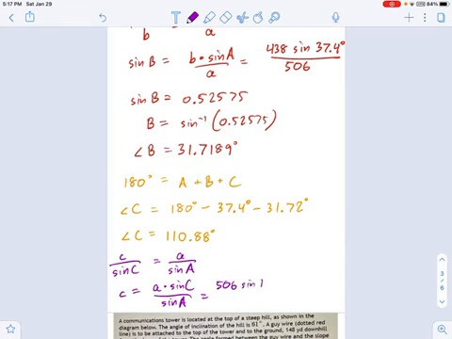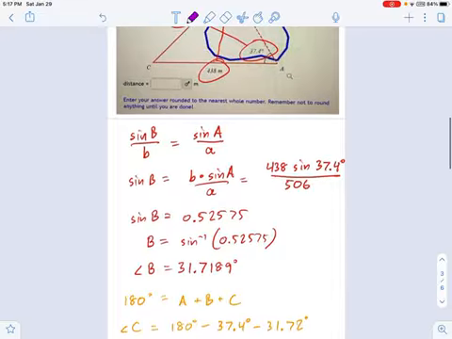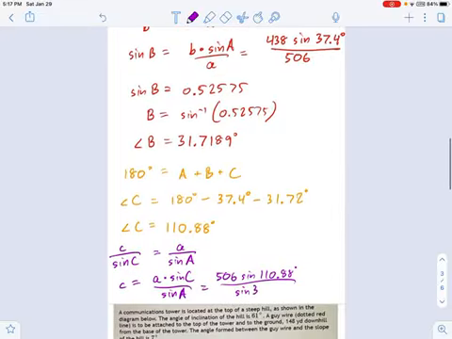Sine of angle C is sine of 110.88 degrees. And then it's divided by sine of, where's A? I lost A. What is A? 37.4 degrees. Okay, so let's just plug this all in.